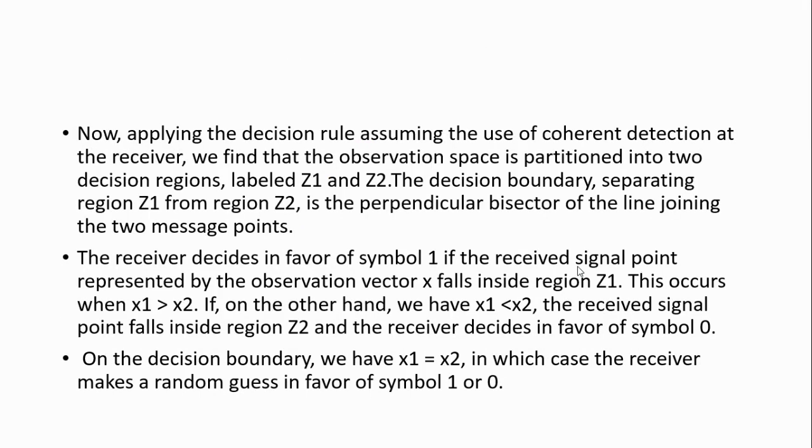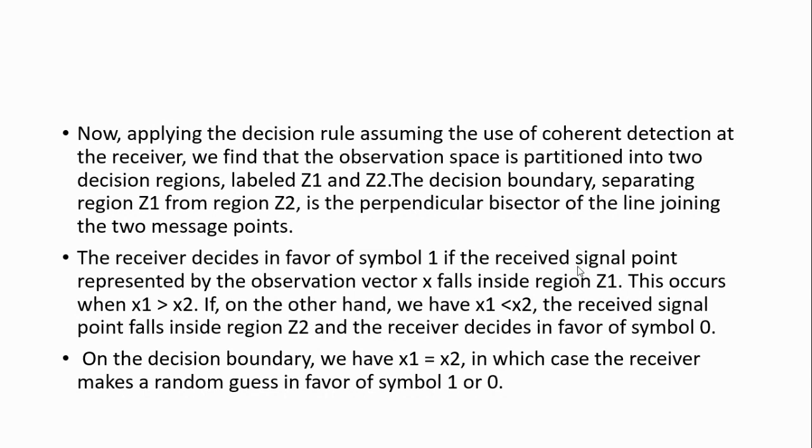By applying the decision rule of the coherent detection, the observation space is partitioned into two regions labeled Z1 and Z2. The decision boundary separating Z1 and Z2 is the perpendicular bisector of the line joining the two message points.